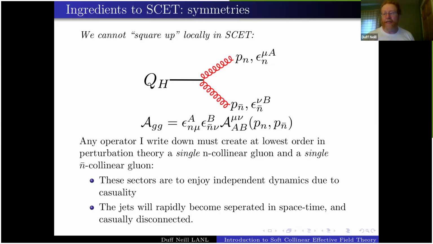And that's just due to the high energy scattering process itself, the fact that I've dumped a bunch of energy into some small localized region, that energy is going to fly away and try to escape. And once it leaves that small localized region, the different particles will no longer be able to interact with each other.